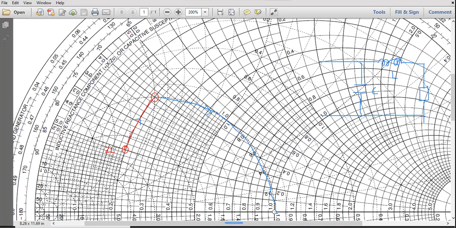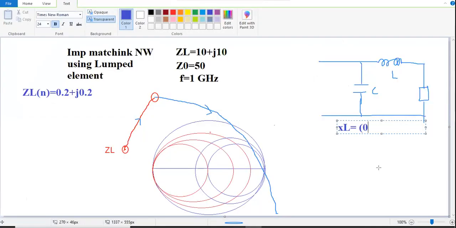So this will be the imaginary part. What will be the difference? 0.4 minus 0.2. Are you getting this? 0.4 minus 0.2.